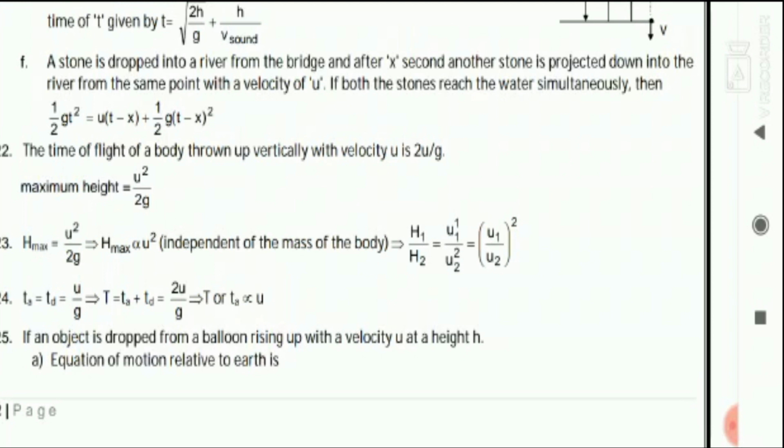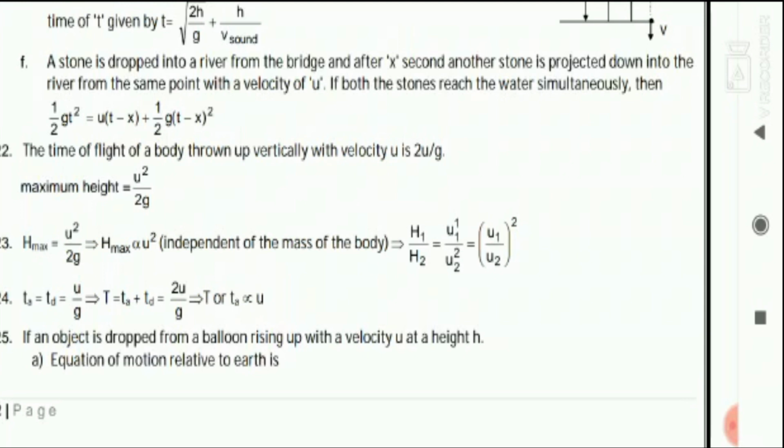But for the second stone, projected from the same point with velocity u, if both stones reach the water simultaneously, it means the first one travels t time, then the second one travels t minus x time, because it is dropped x time later.